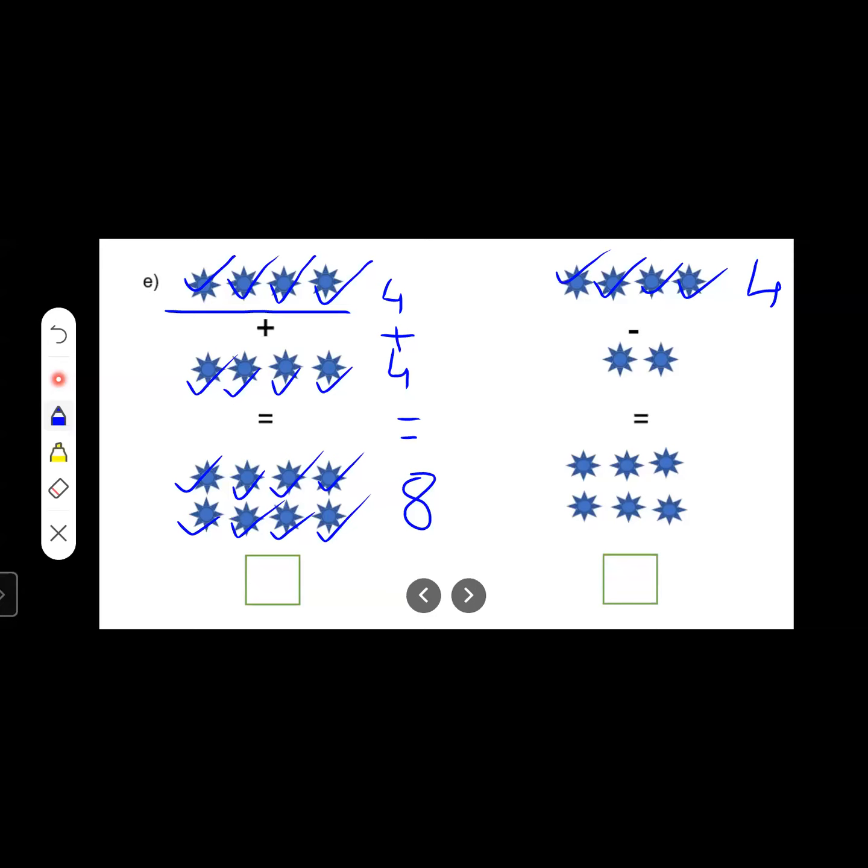Yes. And this is subtraction, minus sign. Minus sign is subtraction, okay. Then how many stars are given here? 2 stars. Yes, so 4 minus 2. How much? 4 minus 2 will be?